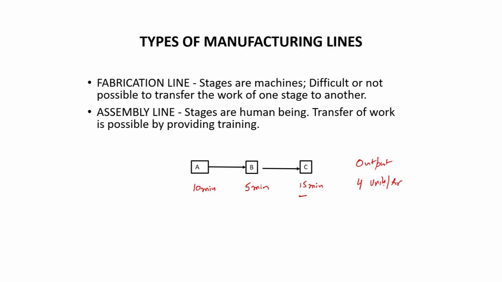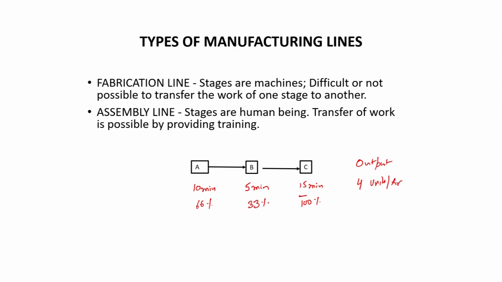While producing 4 units per hour, this operation will be used 100% of the time, this will be used only 33% of the time and this will be used only 66% of the time. So the utilization of workstation A and B is very less, whereas C is fully utilized. There are two implications of this.